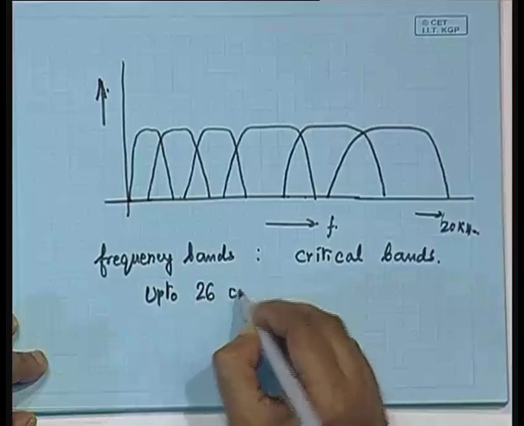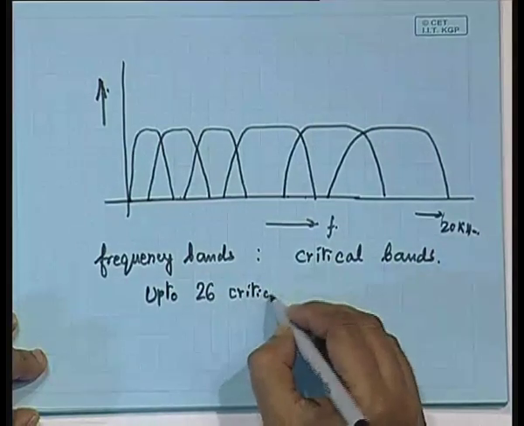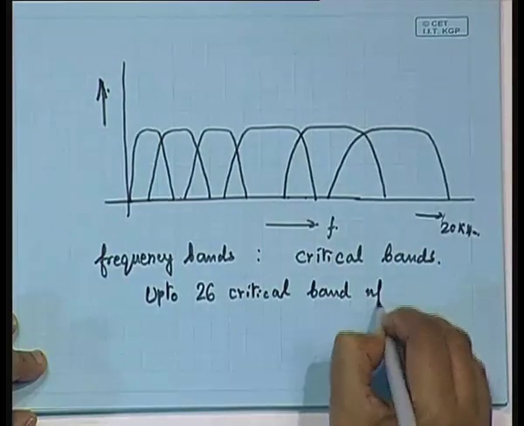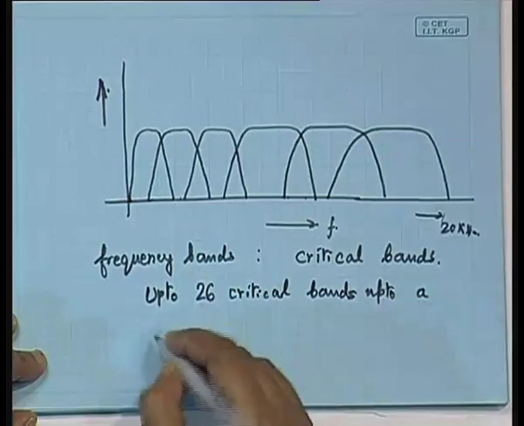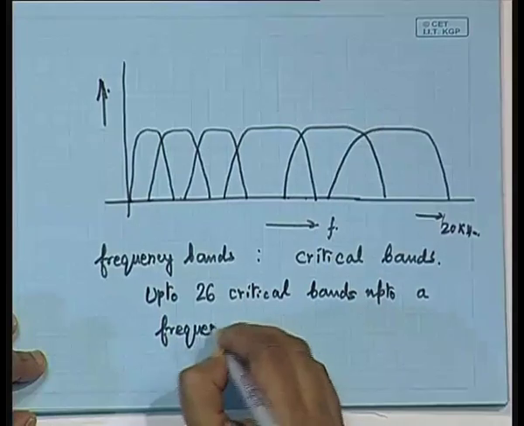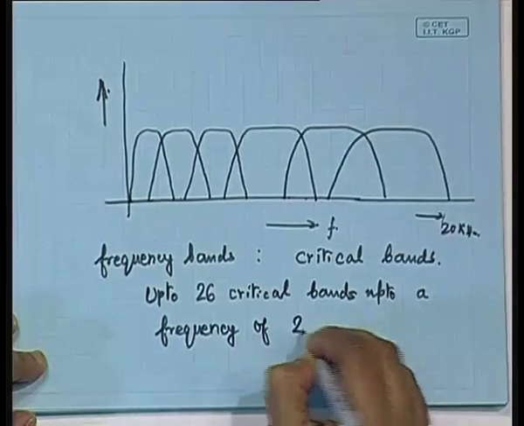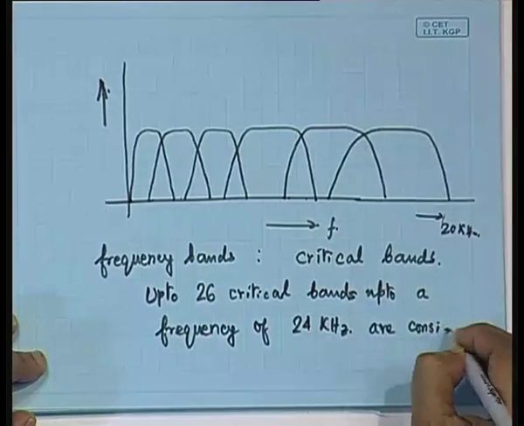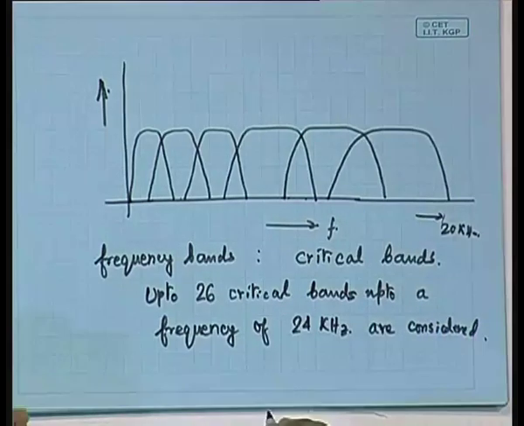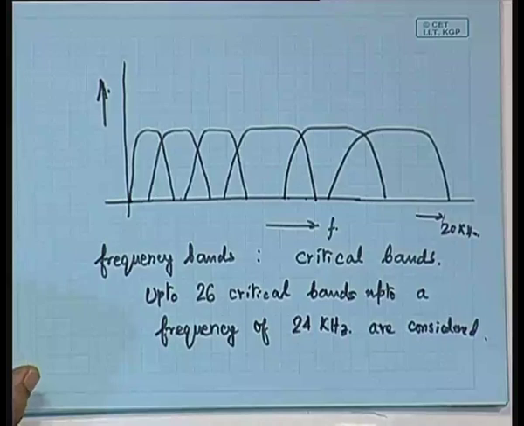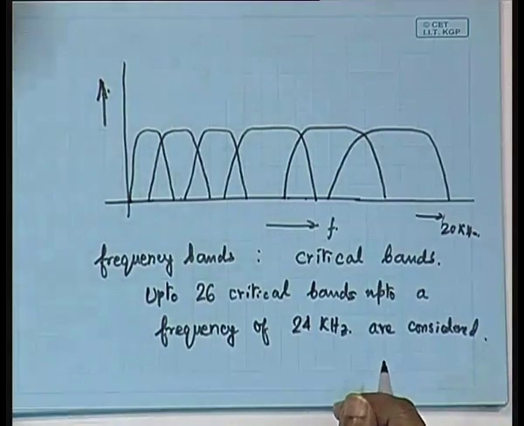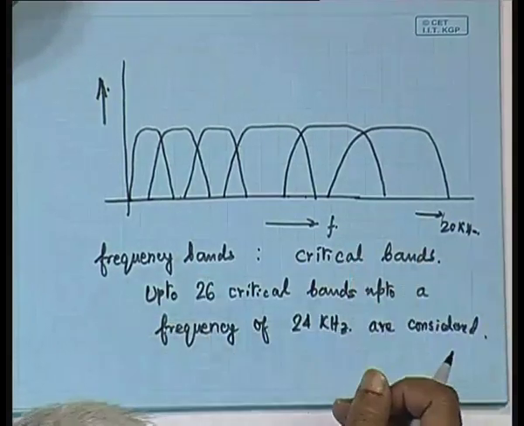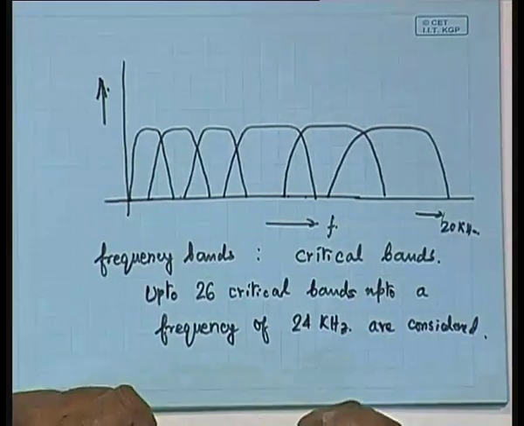Up to 26 such critical bands, with a frequency range of 24 kilohertz, are considered. So, this is the first point to be noted, that the human auditory system is modeled as a bank of band pass filters.